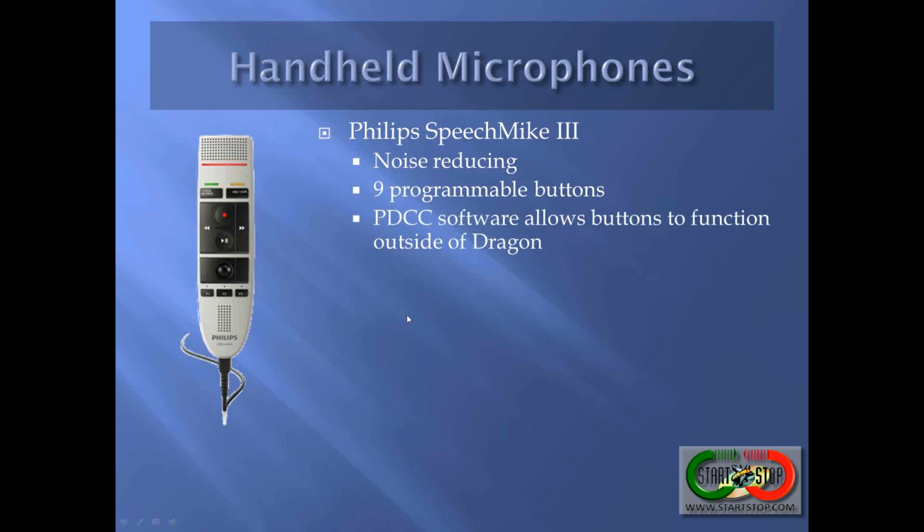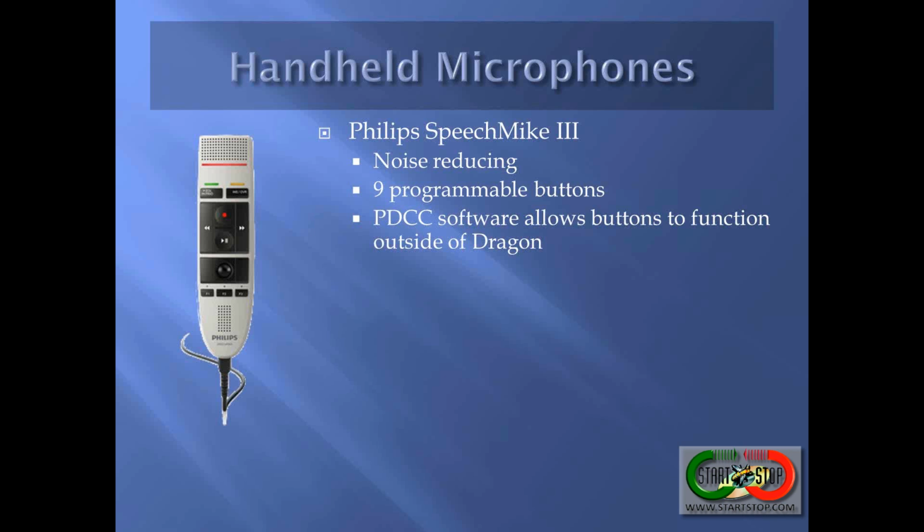The Philips Device Control Center software allows these buttons to function outside of Dragon. That's the one drawback to having the drivers of the PowerMic built into Dragon. That does increase the ease with which you can plug it in, set it up, and use it. But this allows you to program the buttons to function even if Dragon is not running.